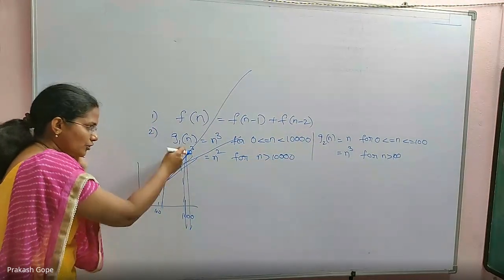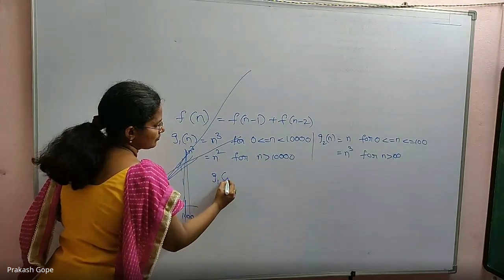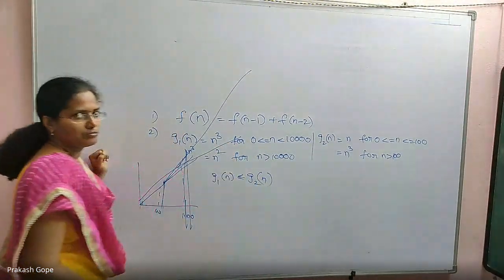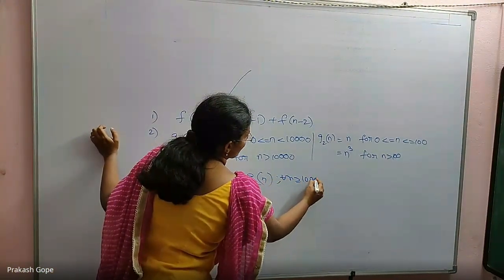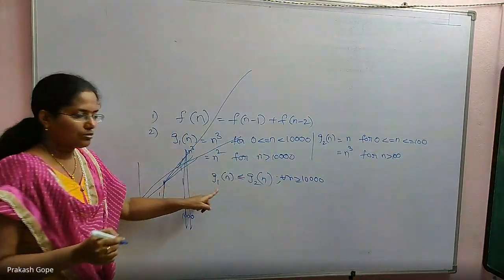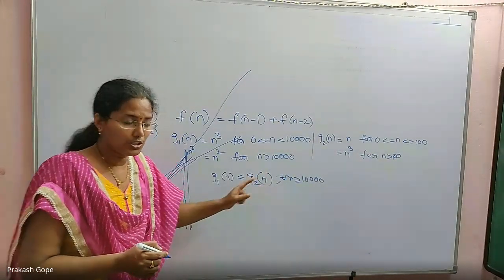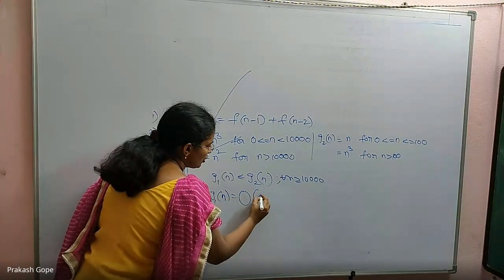From a particular natural number, for all n greater than or equal to 10,000, g1 is less than or equal to g2, which means g1 is big O of g2.